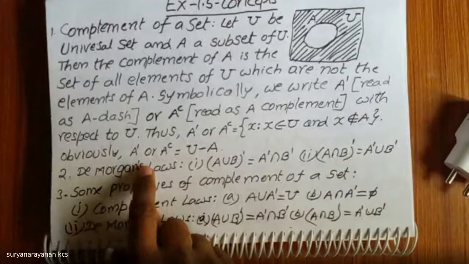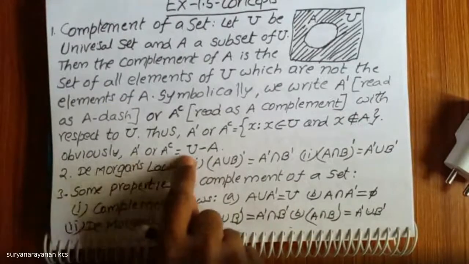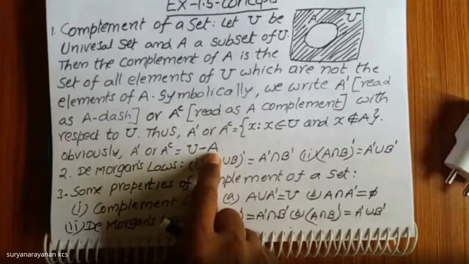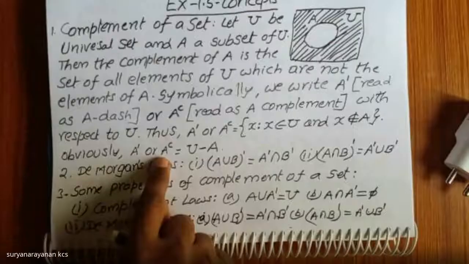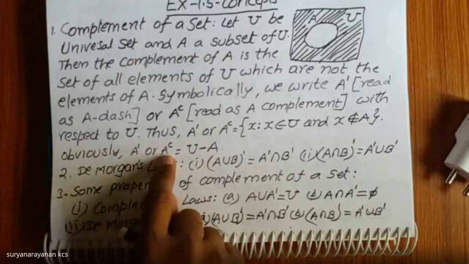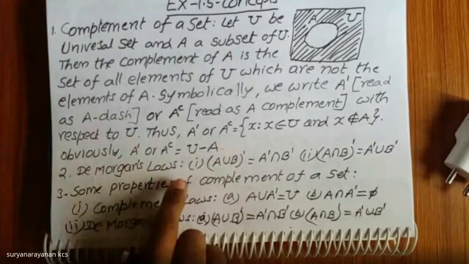Yes, sir. Can you read this line, Disha Priya? Sir, A dash or A complement is equal to universal set minus A. Okay.